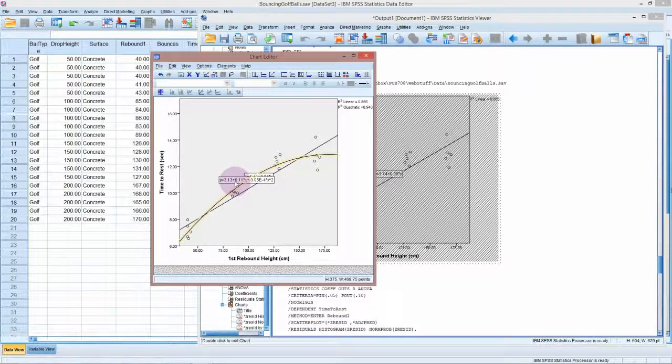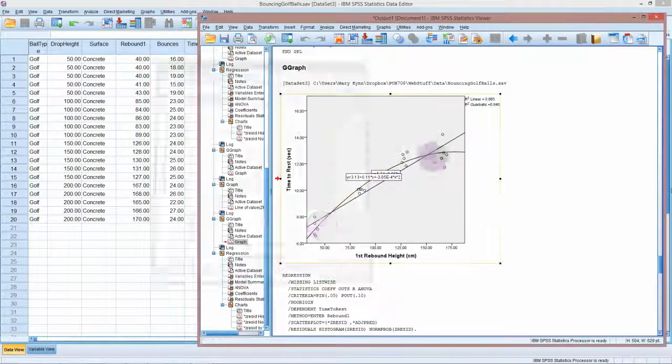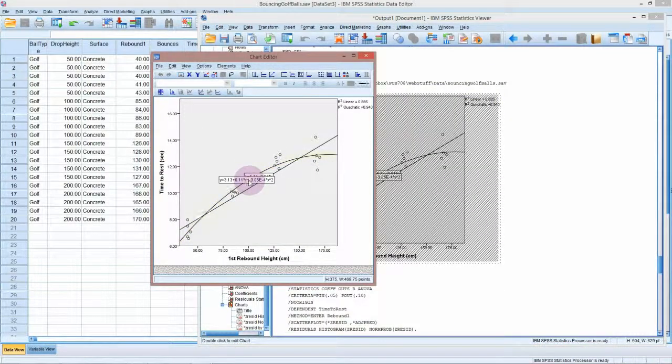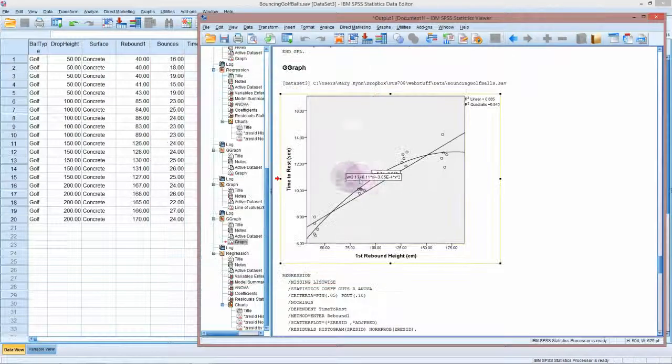Now it's actually put both the lines on top of each other. I can't move the label, so you just have to put up with them on top of each other. So it's actually generated a quadratic regression here, and it's added in a squared term.